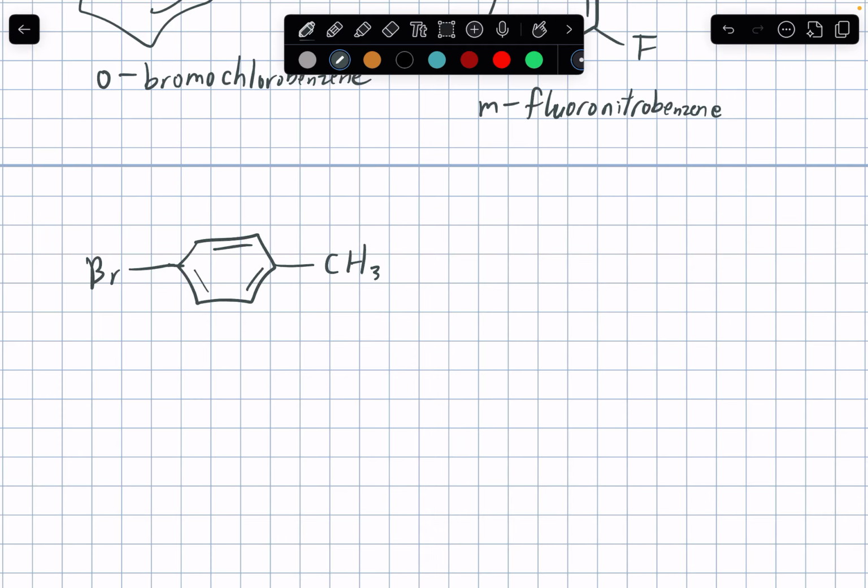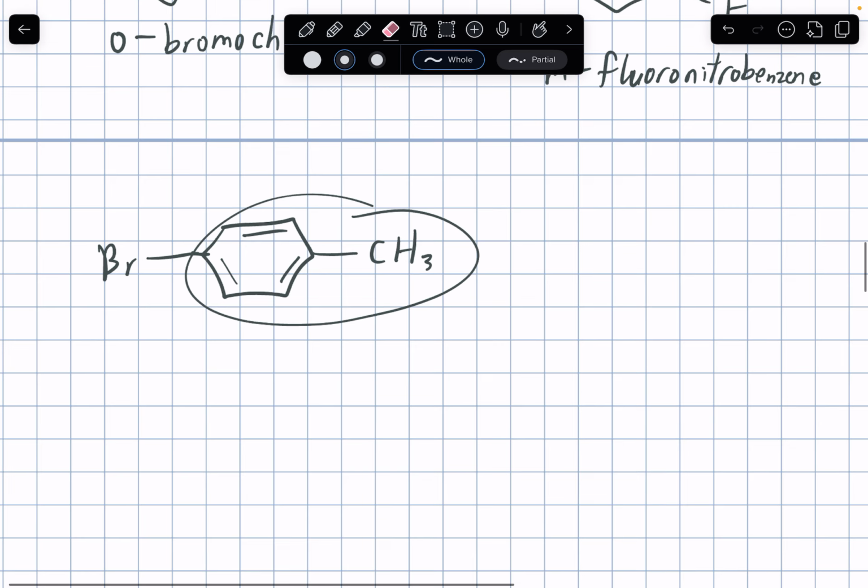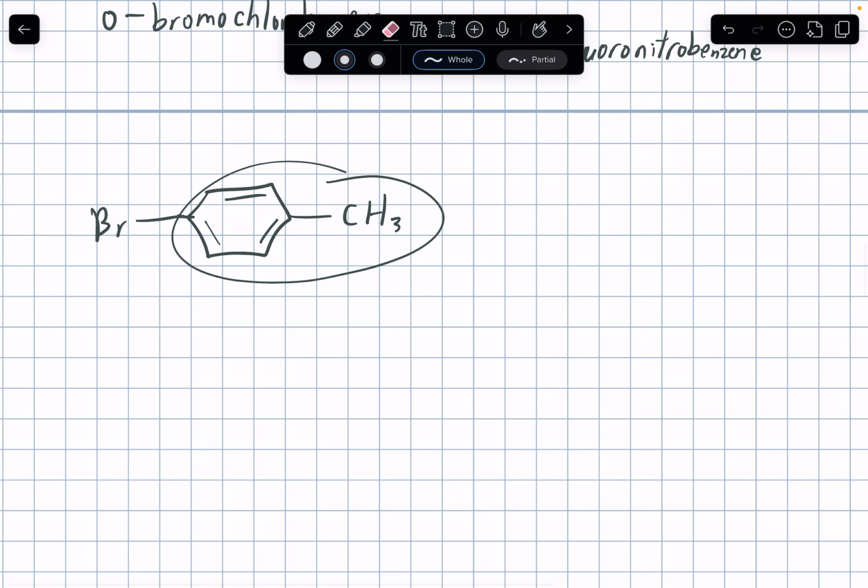So what if you have this? You can call this methylbenzene, but it's supposed to be toluene, no? By rule, or at least it's highly recommended.